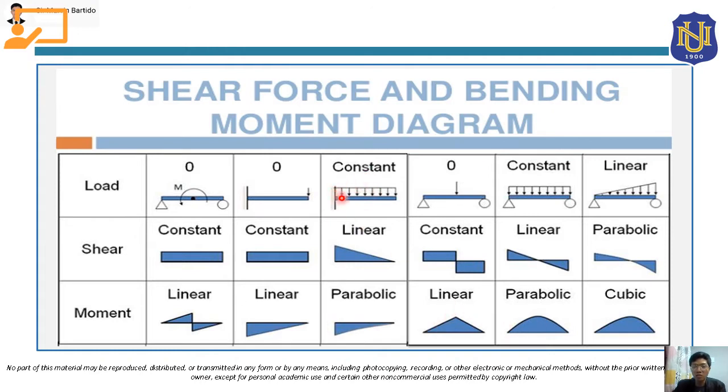For uniformly distributed loads, their shear will be triangles and their moment will be parabolic. Lastly, if your loading is triangular, its shear will be parabolic and its moment will be cubic. Take note of this, class.